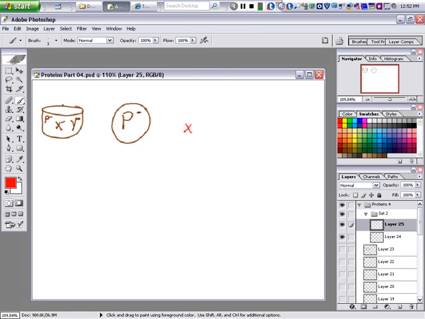Protein X is kind of small. Then we have protein P and protein Y, which is a very big protein. Now we need a way of separating these proteins, even though they all have a negative charge, some are big and some are small.